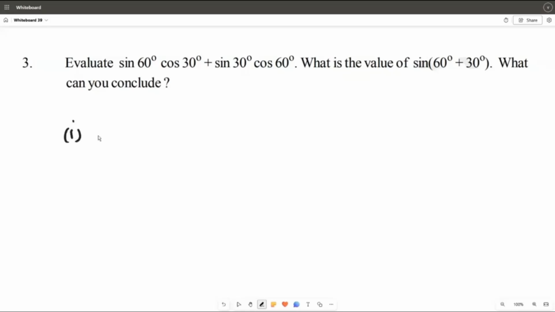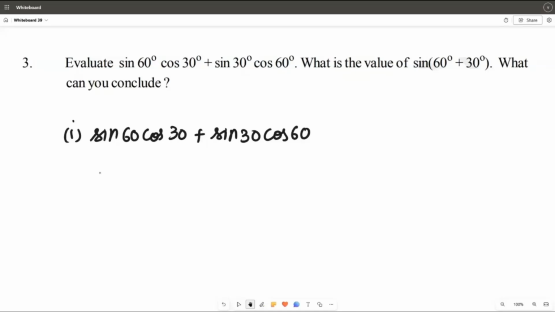So they give sin 60 into cos 30 plus sin 30 into cos 60. To evaluate such kind of questions, we need to know the values of sine, cos, tan and the other trigonometric functions of the standard angles, which are 0, 30, 45, 60 and 90. In this case, we have 30 and 60.